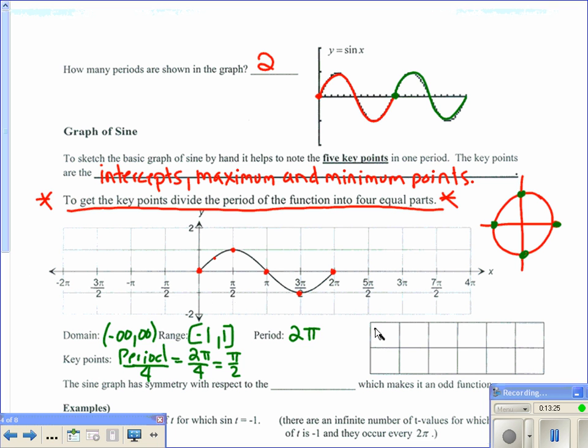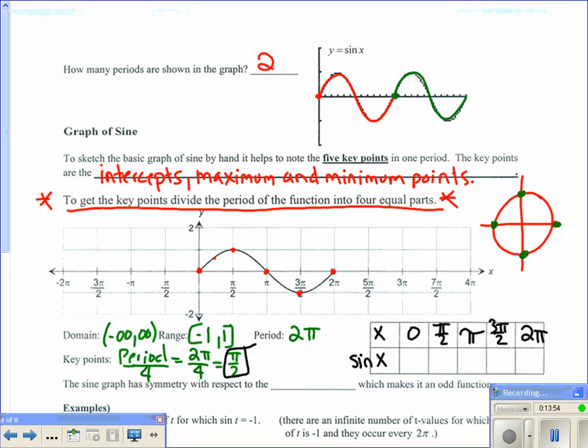So I know from my table, I would start with x, and this would be the sine of x. Since sine starts at 0, I would start at 0, and then I'm going to count by my key points to get my table. So 0 plus pi over 2 is pi over 2, plus another pi over 2 would be 2 pi over 2, which is just pi, and then we have 3 pi over 2, and then 4 pi over 2, which is 2 pi.